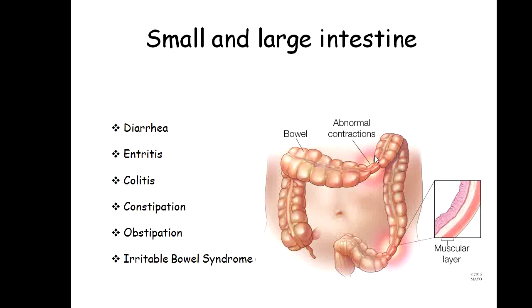So in irritable bowel syndrome, there will be multiple symptoms. There will be diarrhea as well as constipation-like conditions. There will be some abnormal movements inside the abdomen. There will be frequent defecation, a feeling like defecation, a lot of conditions. So this is irritable bowel syndrome.